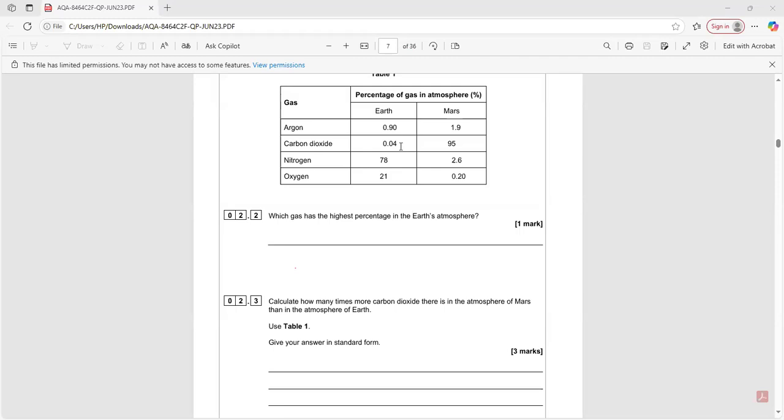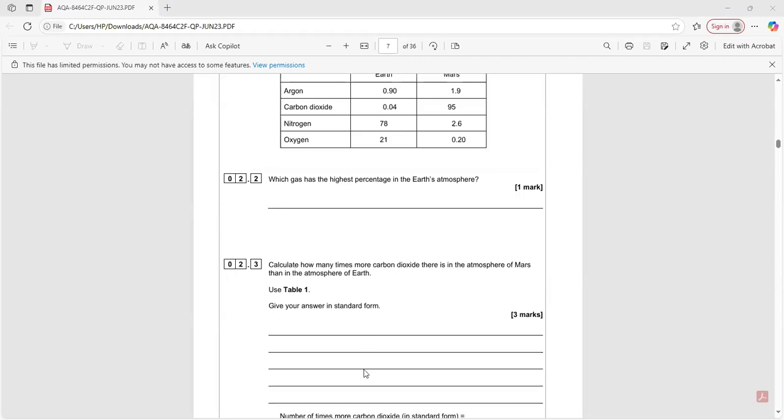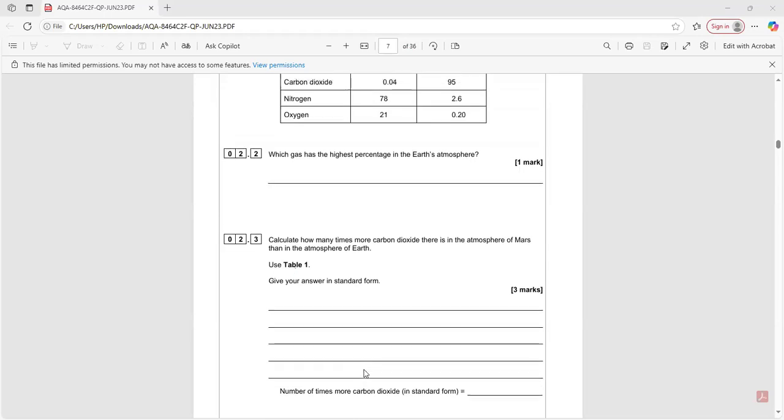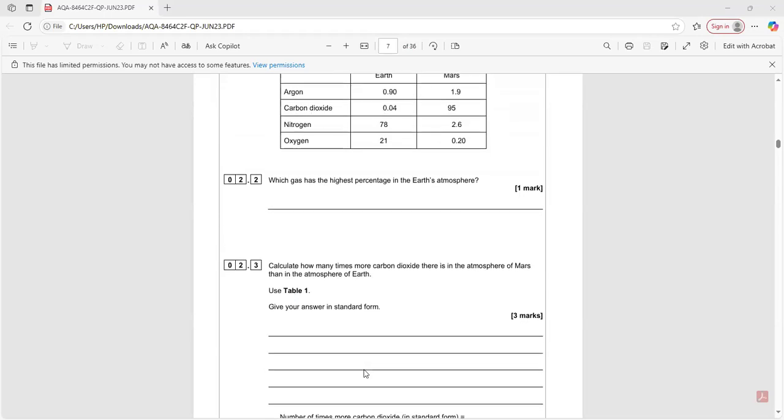Can you help us do that on your calculator? Let's just find out. And they said we should give our answer in standard form. But let's find out what the answer is, then we'll put it in standard form. So 95 divided by 0.04.